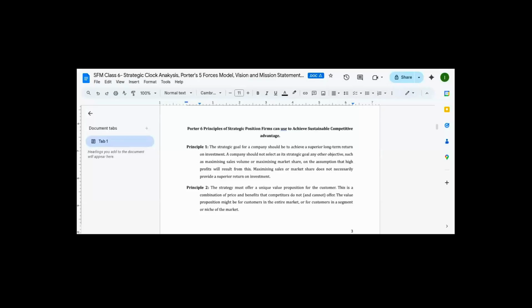He said, no, it is not at all times. We have instances like that that occur truly. He said maximizing sales or market share does not necessarily provide a superior return on investment.